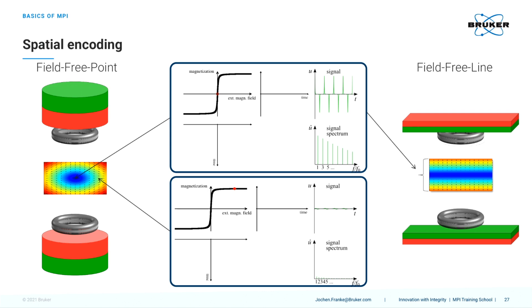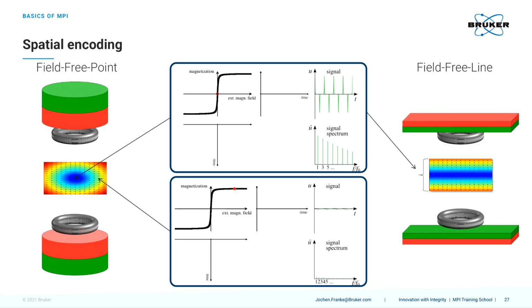And the magnetization does not change over time, and therefore no signal is induced in our receiver. This is not a black and white discrimination as I have shown; depending on the distance to the origin of the field-free point, we have a different fingerprint with odd and even harmonics. So this is the field-free point.